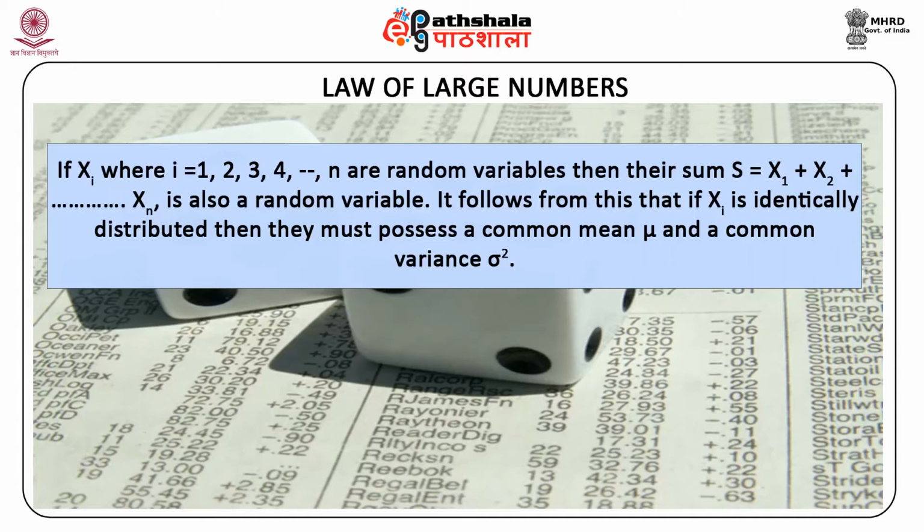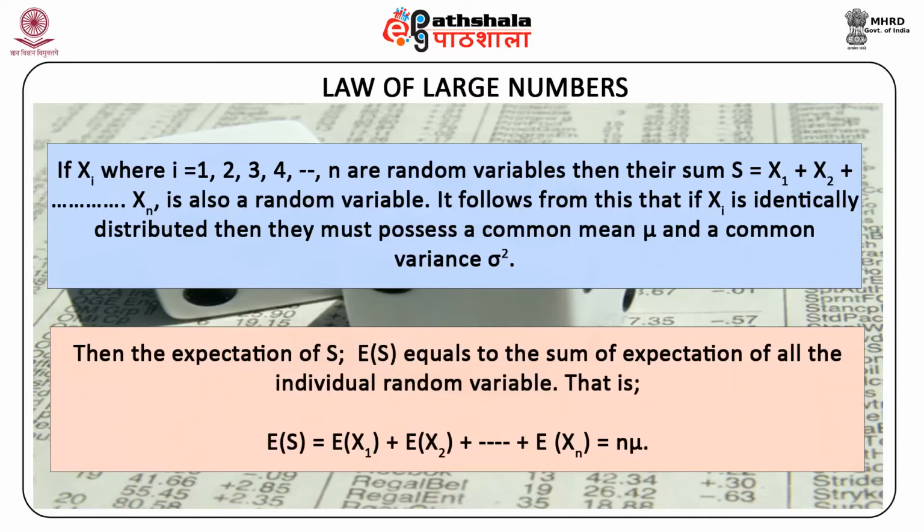It follows from this that if the Xi are identically distributed, then they must possess a common mean mu and a common variance sigma squared. Then the expectation of S, that is ES, equals the sum of the expectations of all the individual random variables. That is, ES is equal to EX1 plus EX2 plus so on plus EXn, which is equal to n times mu.